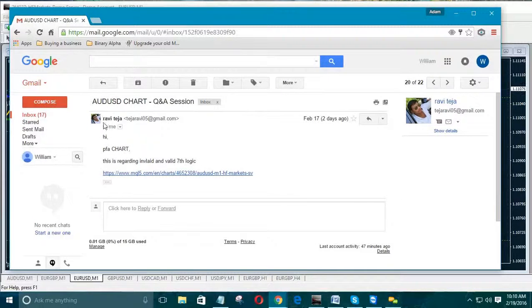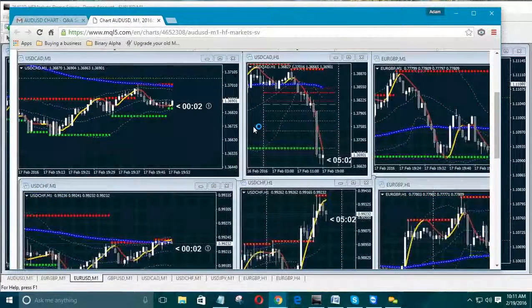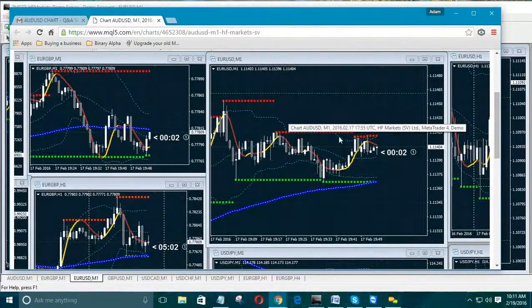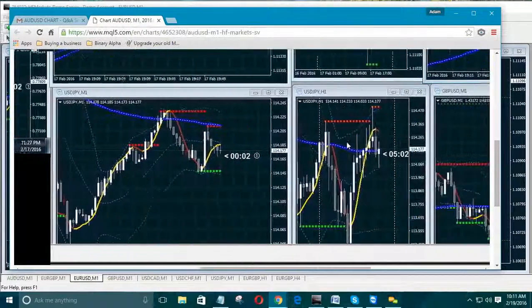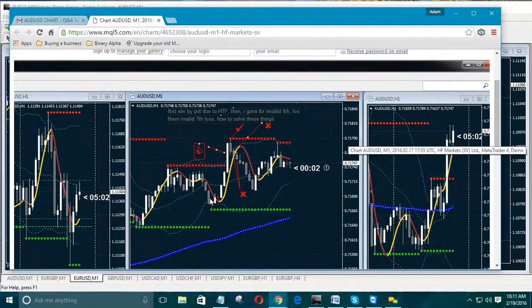Okay, this is from Ravi. He says, look at this chart. Okay, let's check out this chart here. Okay, what do we have? Well, a lot of charts here. Honestly, Ravi, this is not a good flag sequence.